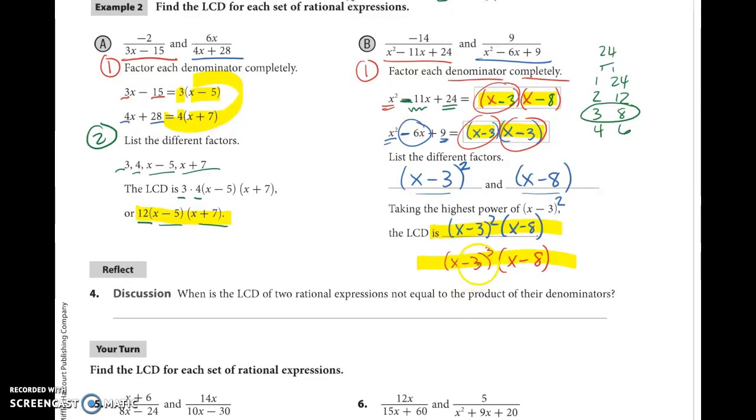Well, it didn't work in this one because each of the denominators had the x minus 3, and in fact this one had it twice. So what we could say is the LCD is not equal to the product of their denominators when the factor appears one or more times in each denominator.